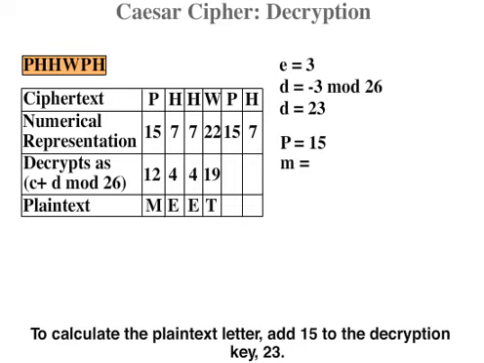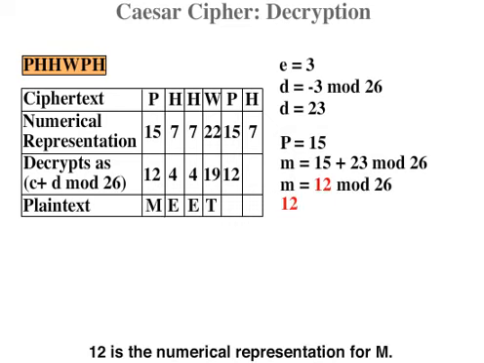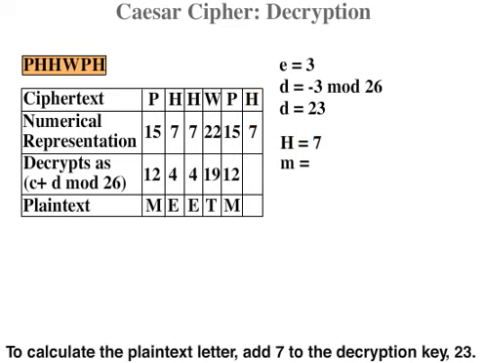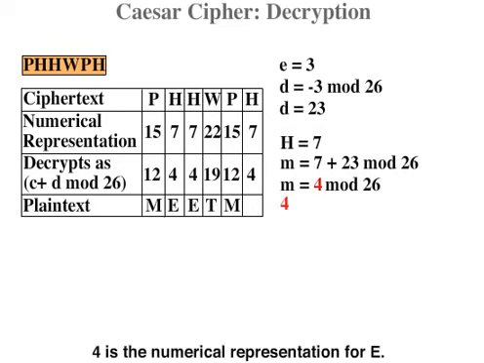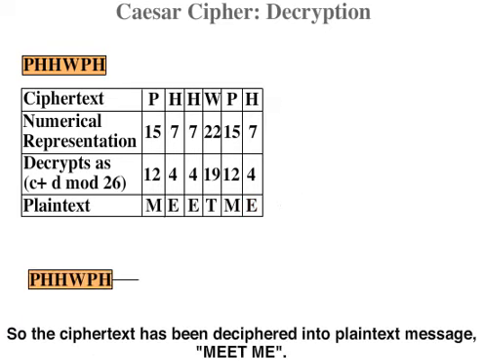To calculate the plaintext letter, add 15 to the decryption key 23. 15 plus 23 is 12 modulo 26. 12 is the numerical representation for M. H equals 7. To calculate the plaintext letter, add 7 to the decryption key 23. 7 plus 23 is 4 modulo 26. 4 is the numerical representation for E. So the ciphertext has been deciphered into the plaintext message, Meet Me.